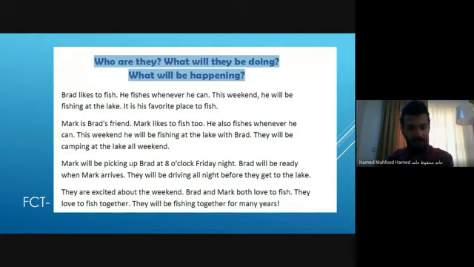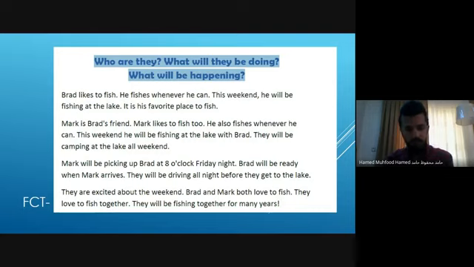Going to read it again. Brad likes to fish. He fishes whenever he can. This weekend he will be fishing at the lake. It is his favorite place to fish. Mark is Brad's friend. Mark likes to fish too. He also fishes whenever he can. This weekend he will be fishing at the lake with Brad. They will be camping at the lake all weekend.